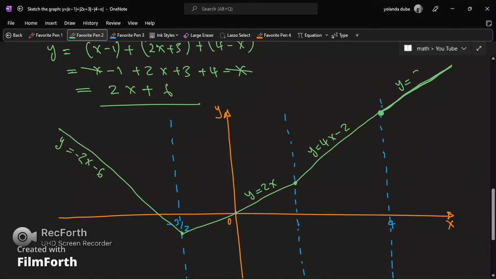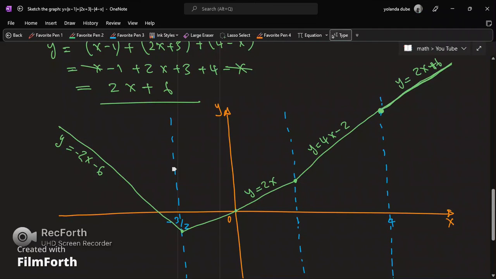So this is how you actually draw this chain of absolute functions. The graph that we're looking for is simple, this one that we're seeing above there. That's how to sketch a chain of absolute functions. Mostly when this problem is posed, they don't go up to a situation where we have 3 absolute functions.